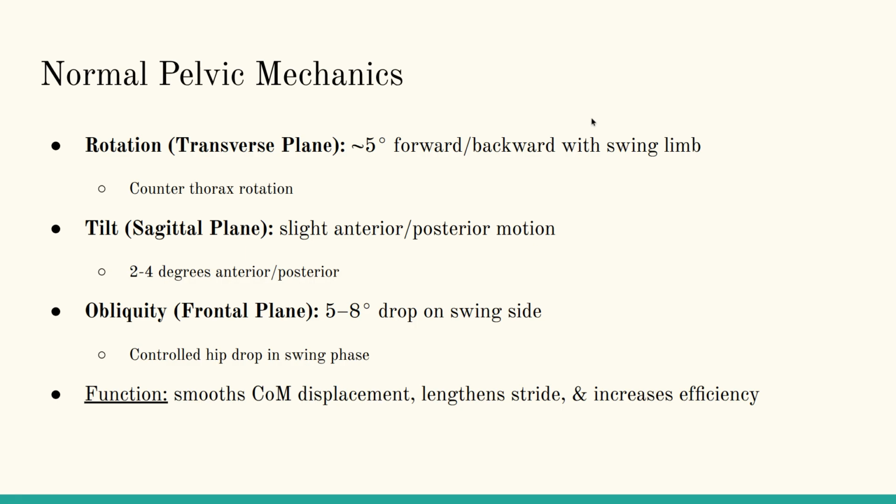In the sagittal plane, the pelvis oscillates between 2 and 4 degrees of anterior and posterior tilt. In the frontal plane, pelvic obliquity occurs. The pelvis drops about 5 to 8 degrees on the swing side during single limb stance.